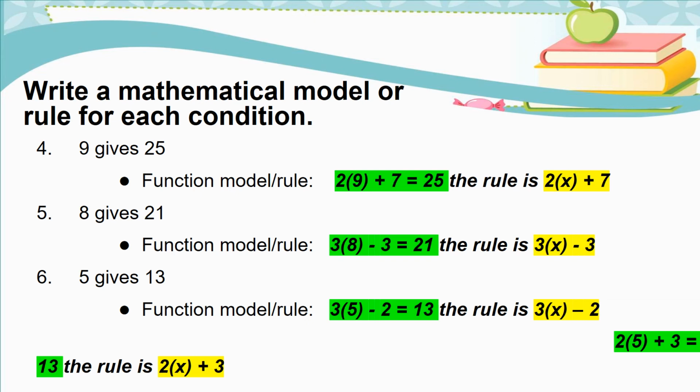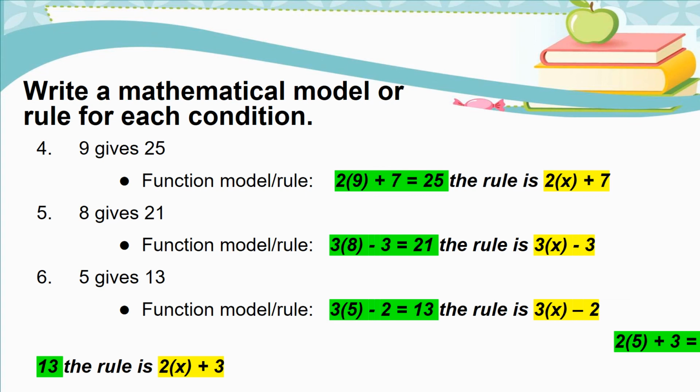Okay? Okay. For example, 9 gives 25. So, 9, dapat magiging 25 yung sagutan. 9 times 2 is 18. So, kulang pa para maging 25. So, mag-a-add tayo ng 7. 18 plus 7 is 25.